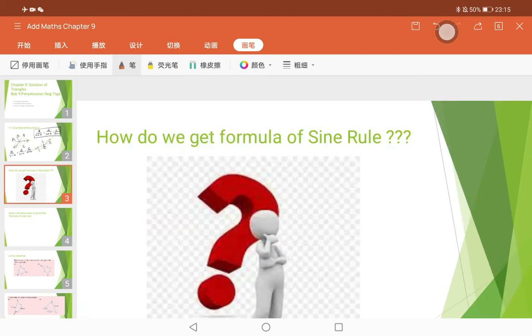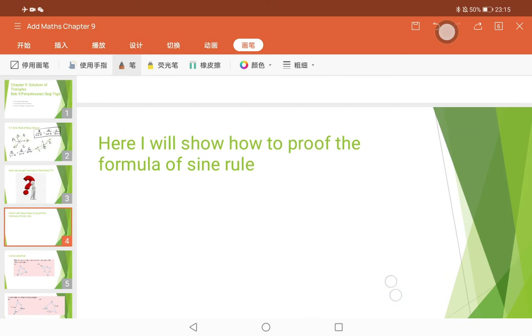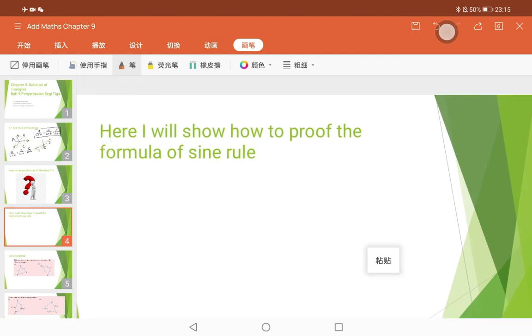Okay, so how do we get the formula of sine rule? So here I will show the proof of the formula of sine rule. So let's say we have one acute angle triangle. So I will have a height here.